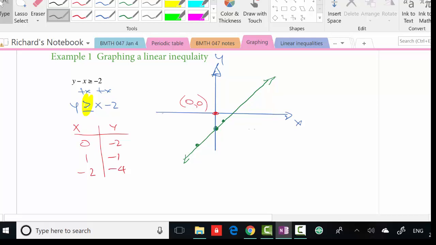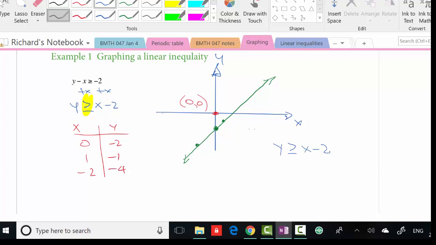The inequality itself is y is greater than or equal to x minus 2. I'm going to take the values of my test point and put them in the inequality.